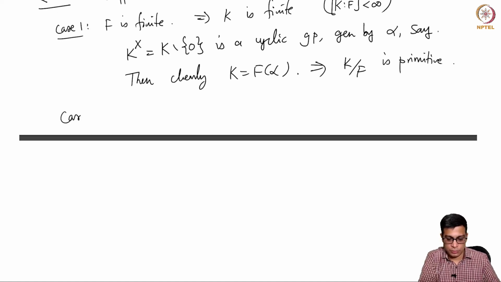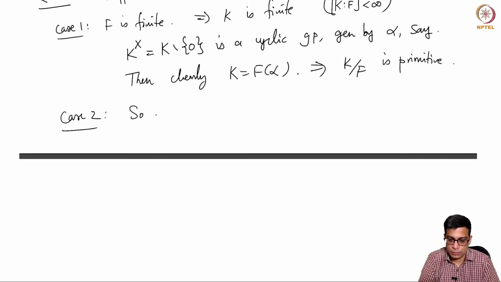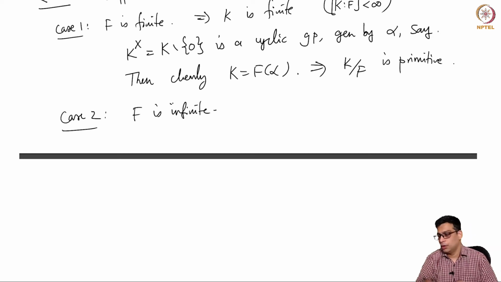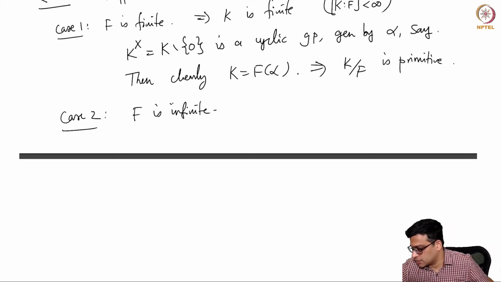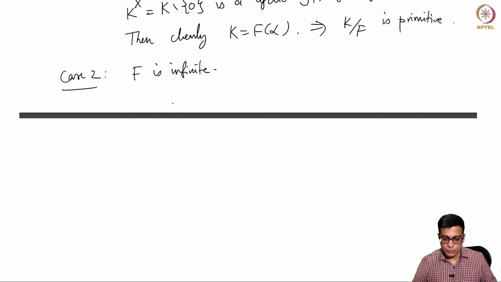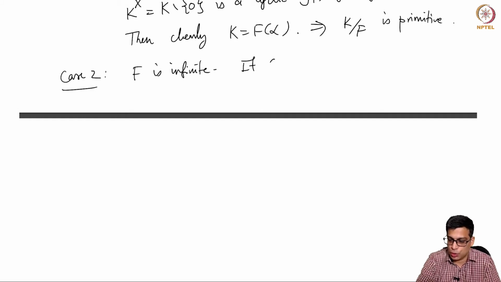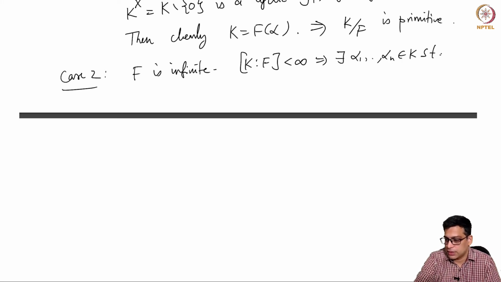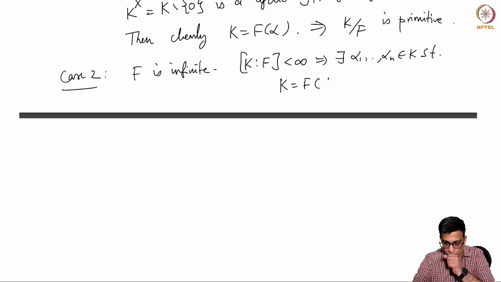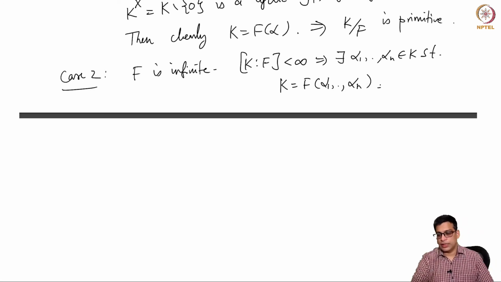So now assume F is infinite. This case is what we want to now consider. So clearly it suffices to show, since K colon F is finite, there exist alpha 1 through alpha n in K such that K is generated by them. There is no problem with finite generation.